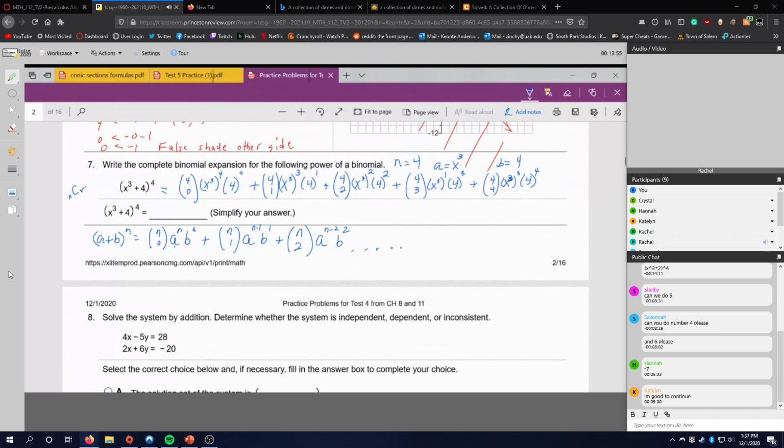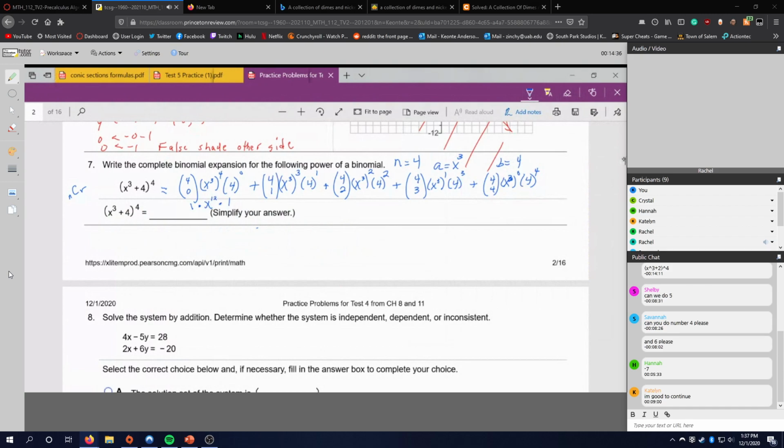Now, I'm going to erase that because I'm going to do some simplifying down there. Before I actually simplify, you know I was using this pattern here. So this was the binomial theorem. All right, so 4 combination 0 is 1 times x to the 12th times 1.